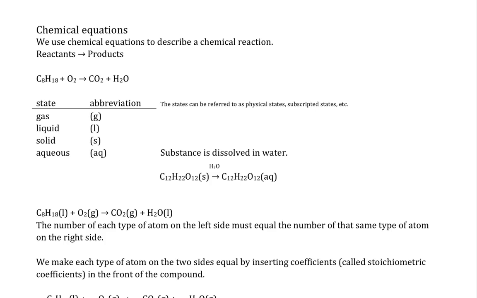If it's liquid, L in parentheses, a solid, S in parentheses. If it's aqueous, we put an aq in parentheses. Aqueous means the substance is dissolved in water. It's not a liquid itself, it's rather fully dissolved into the water. Sugar, we've probably all dissolved that in water.